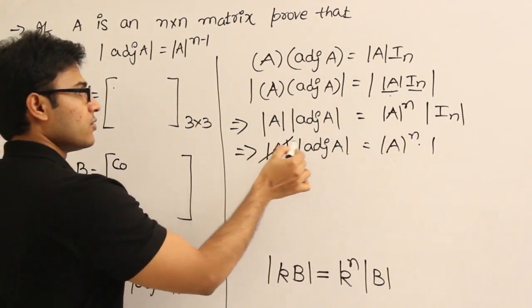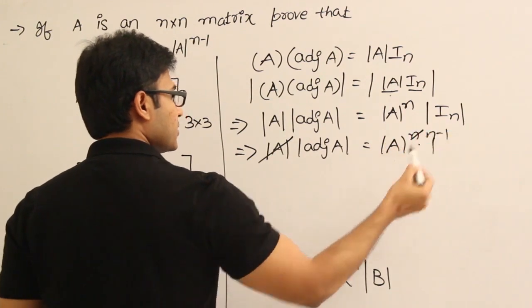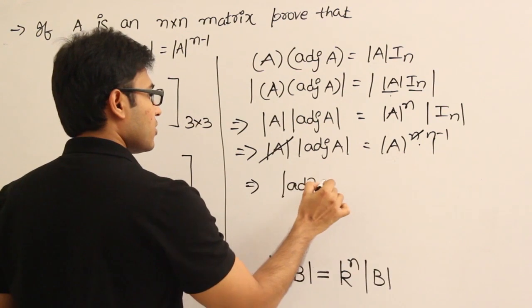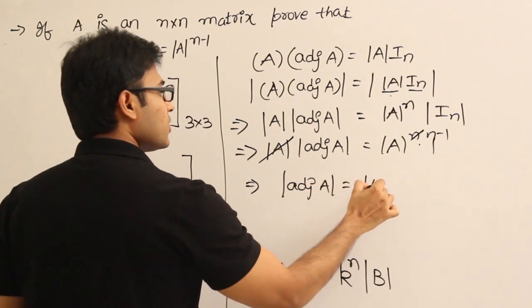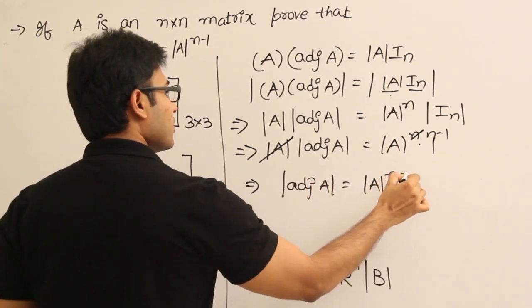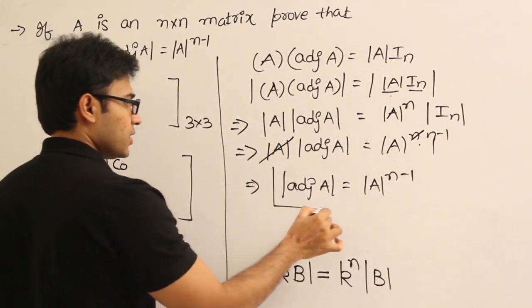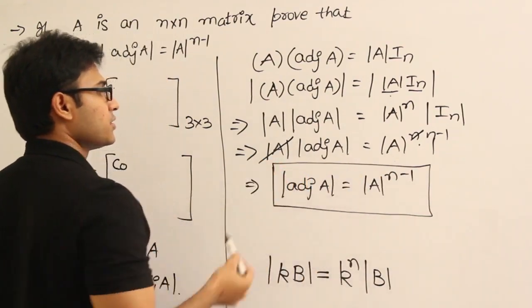Now we can cancel out det A, and here it is n minus 1. That implies the determinant of the adjoint of A is equal to the determinant of A power n minus 1. Got it? It is a very important proof asked in GATE.